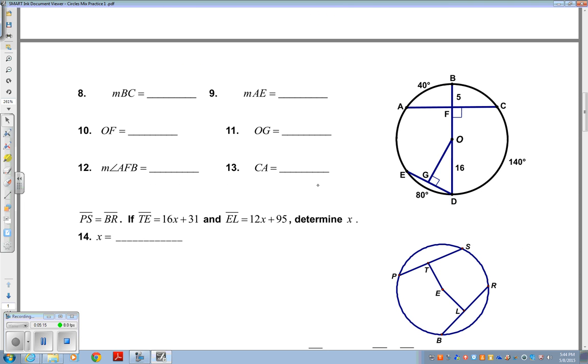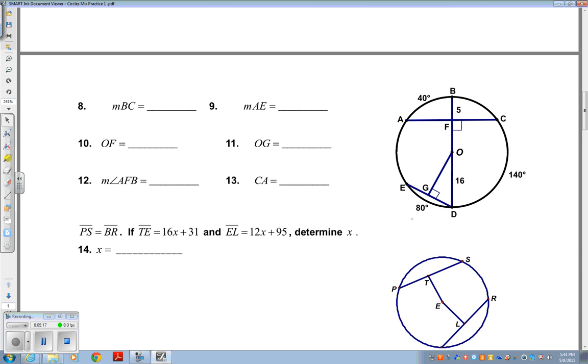Now, when you get here, using everything you know, especially whenever you have a radius or a diameter perpendicular to a chord, what happens to that? The first thing we need to recognize is the chord AC is going to get bisected. So will the arcs. Okay, and we can swing the radius, meaning we can draw another radius here, from O to C, and that is also 16.